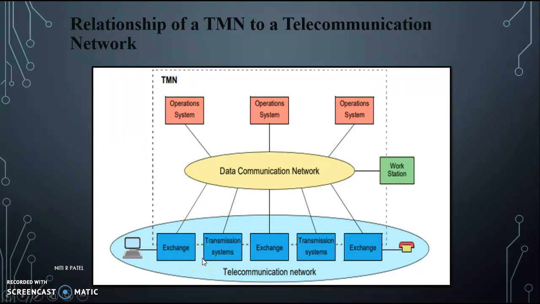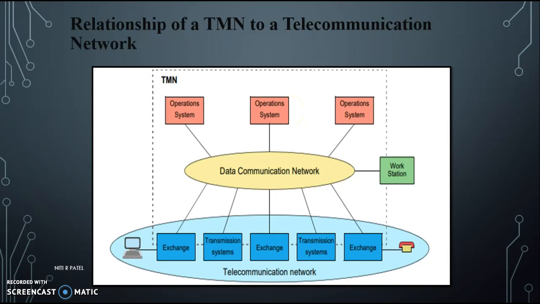For the purpose of management, these exchanges and transmission systems are connected via a data communication network to one or more operating systems. The operating systems perform the major management functions. These functions are carried out by human operators, or they can be managed automatically as well.